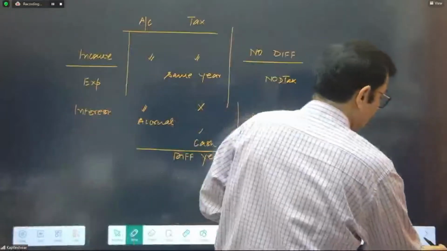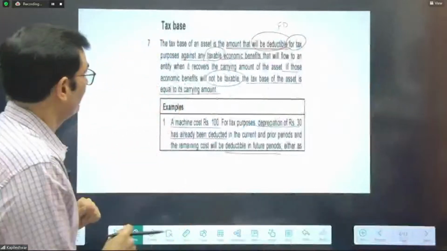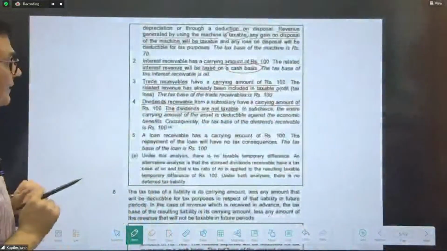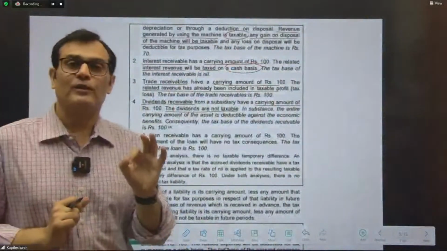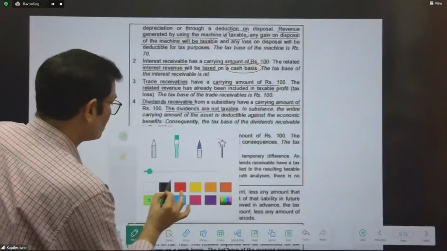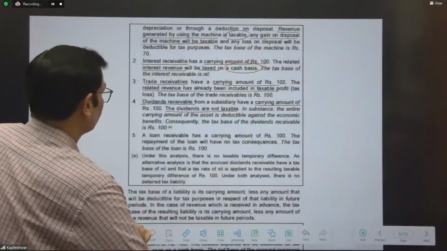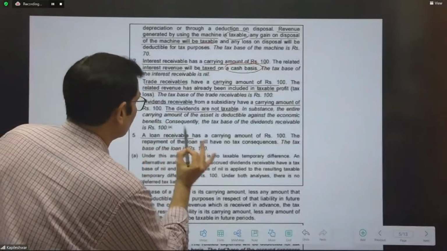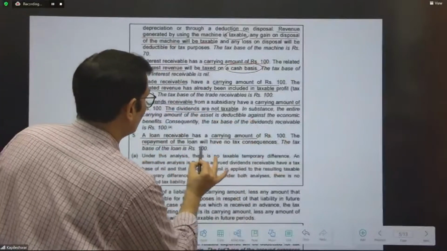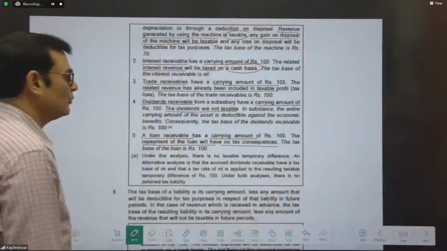Okay, let's go to the last example. There is another last example which is given, and that is with regard to a loan receivable. Simple. In this particular case, the loan receivable has a carrying amount of 100. The repayment of the loan has no tax consequences.